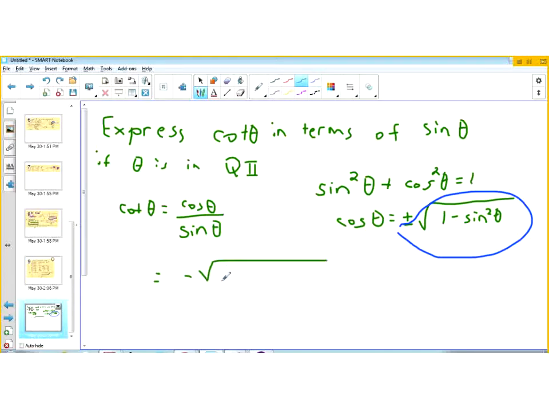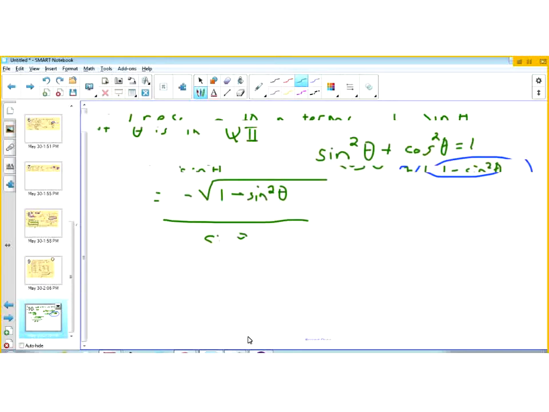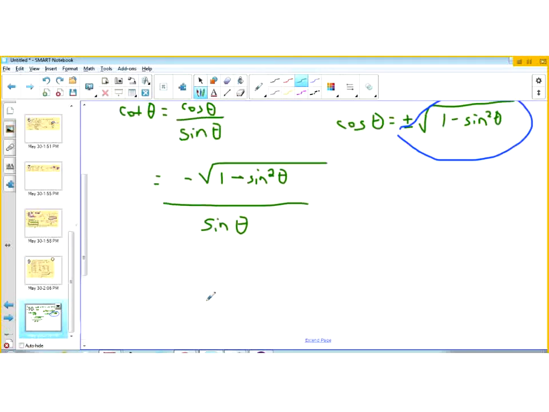So this would be the negative of the square root of 1 minus sine squared theta, all over sine theta. So this is the expression of cotangent theta in terms of sine theta in quadrant 2. All right, so you'll have a bunch of problems like that.